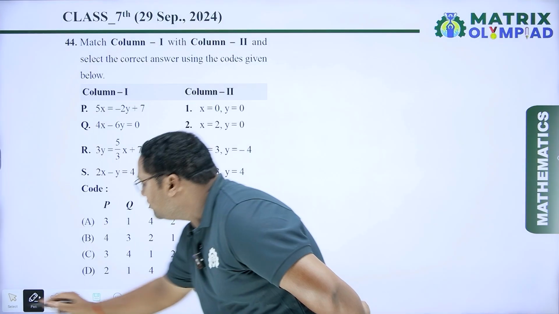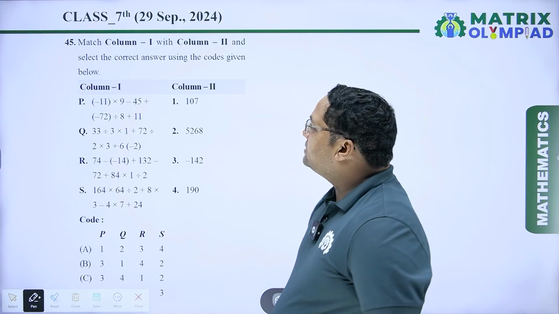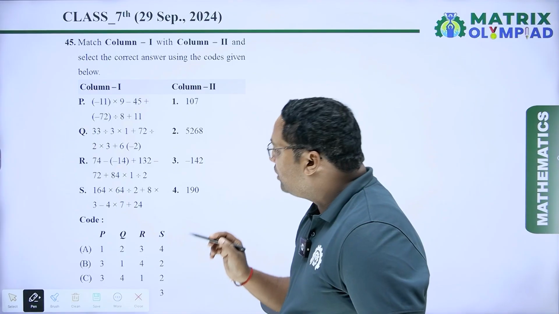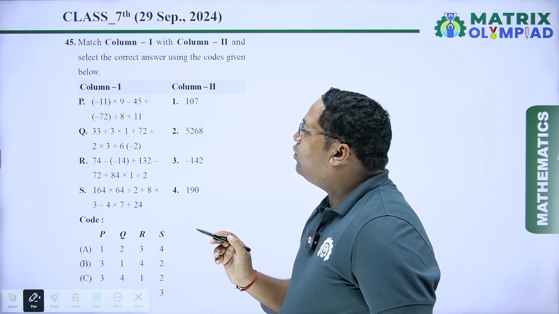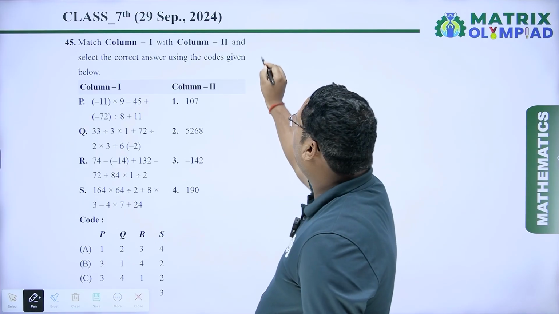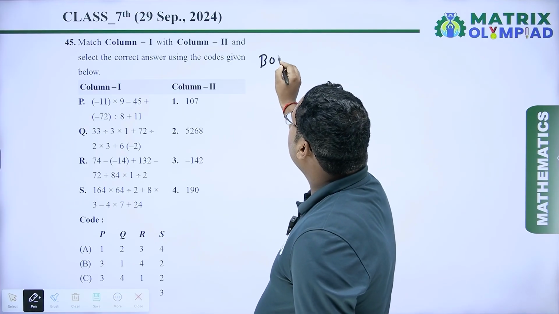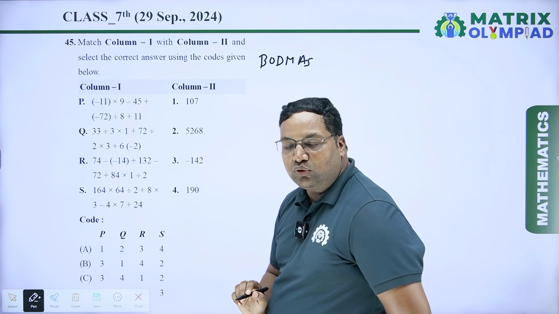Coming to the next question. Again we have to use the BODMAS rule. First is minus 11 into 9 minus 45 plus minus 72 divided by 8 plus 11. First of all we have to use the BODMAS rule and solve one by one according to this rule.